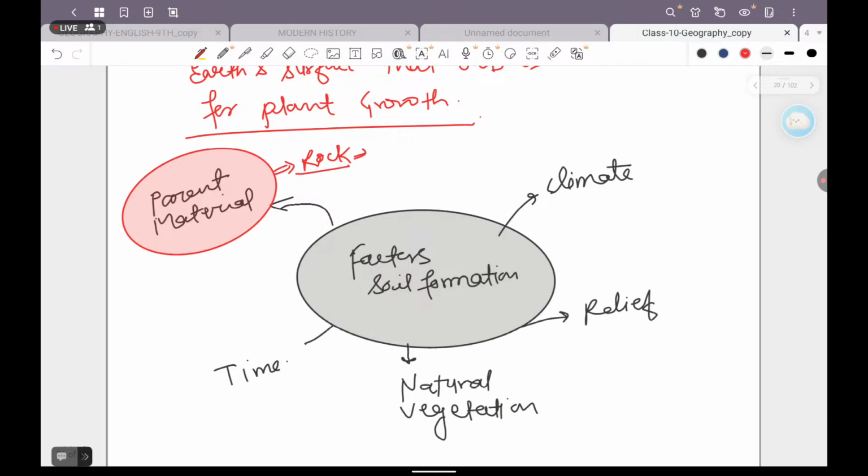In the southern peninsular plateau region, the soil formation is because of the weathering of the igneous and metamorphic rocks of the Deccan Plateau. The weathering of the rocks here led to the formation of the soil, so these soils are coarse.